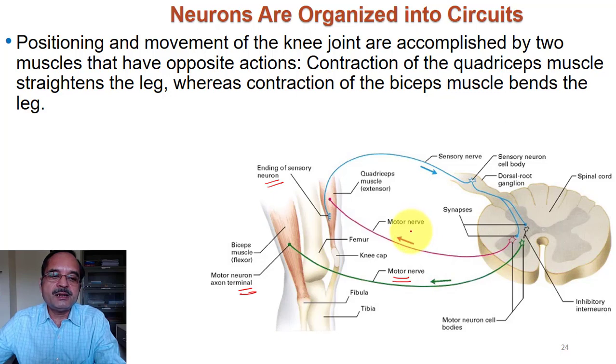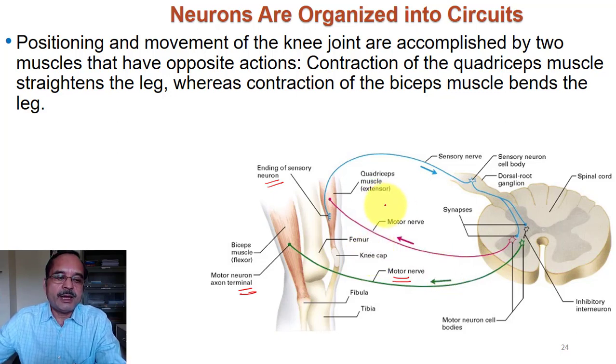Such circuits allow an organism or the human being to respond to a sensory input by the coordinated action of sets of muscles that together achieve a single purpose.